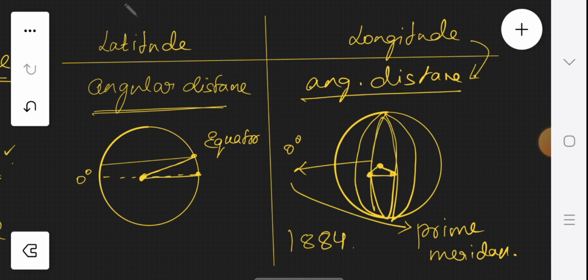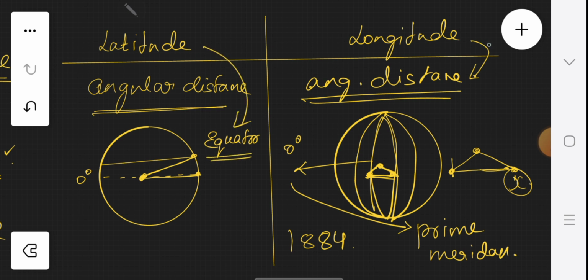This becomes the angular distance of the longitude. So you're marking it like this: this is the center of the earth, this is the prime meridian point, and this is the longitude which you're trying to measure. This is x. This is nothing but what is called angular distance. So both longitude and latitude are measurements of angular distance, but the reference is the equator when it comes to latitude, and if you take longitude, the prime meridian is the reference point.